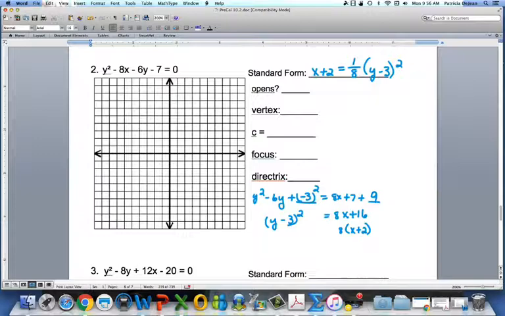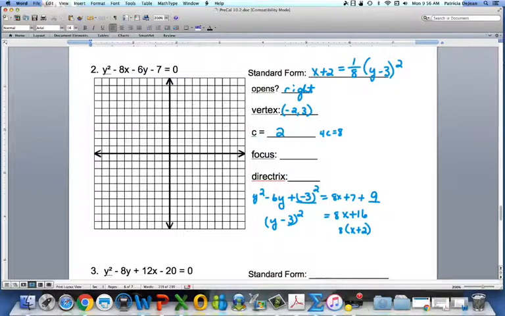Okay, so the y is squared, so it's a left to right facing parabola. The 1/8 is positive, so it's going to open to the right. The vertex will be at (-2, 3). Okay, 4c is equal to 8, so c will be equal to 2.